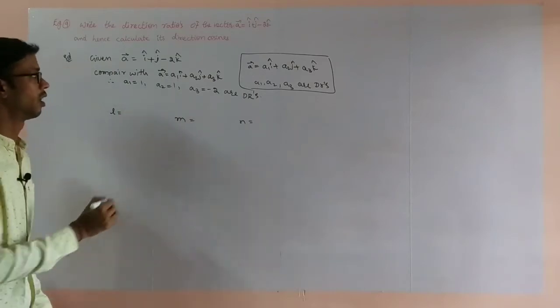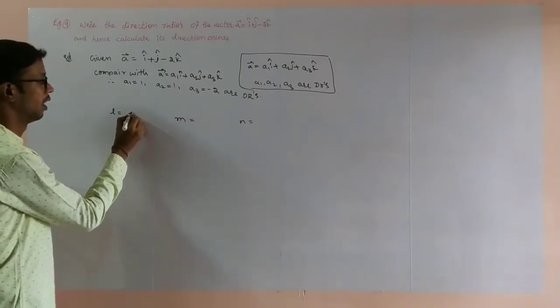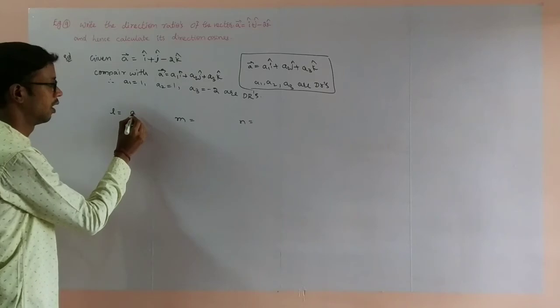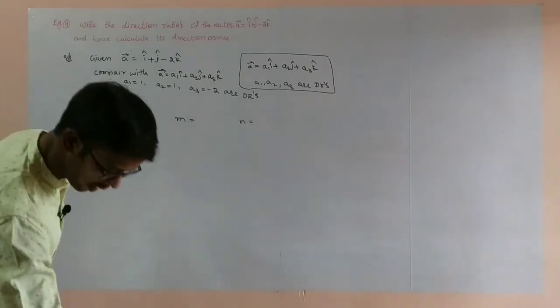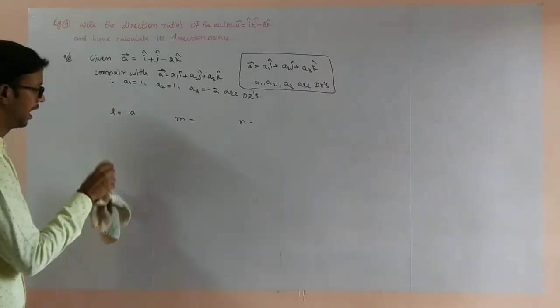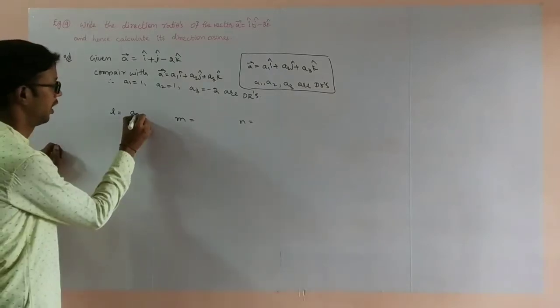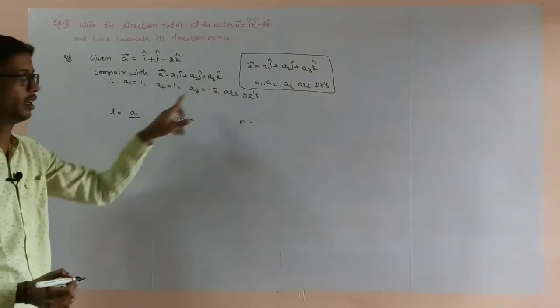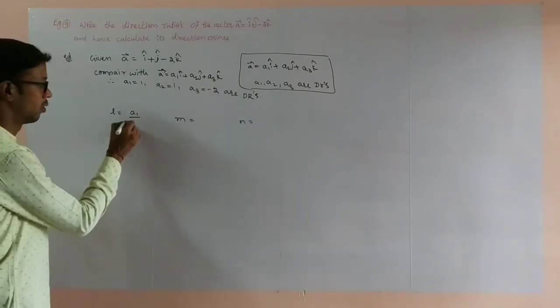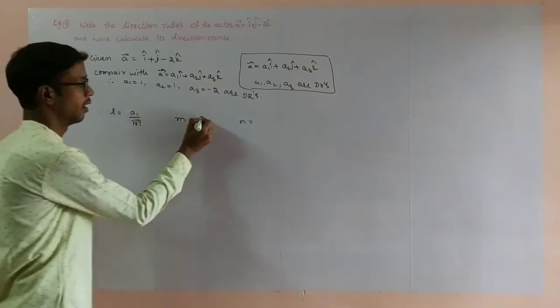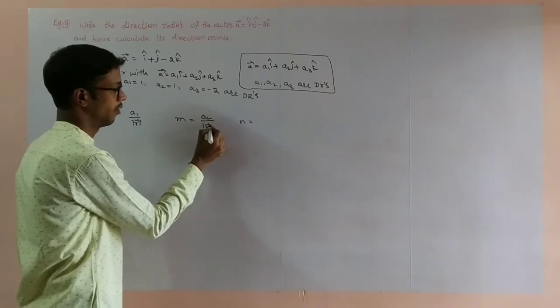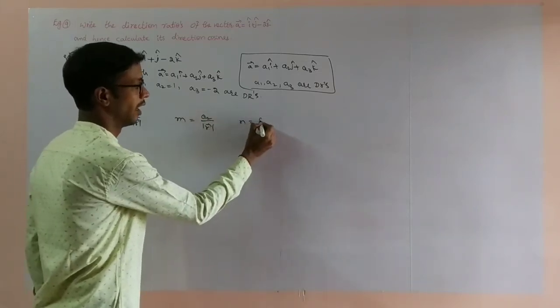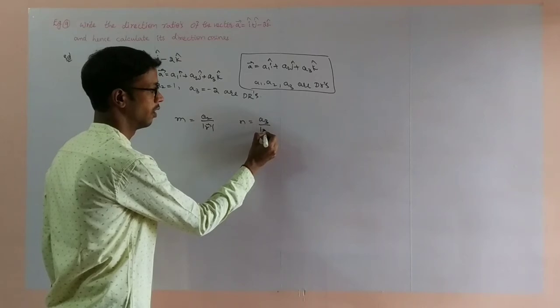L is equal to, here what we wrote there, A1 by magnitude of R bar, A2 by magnitude of R bar, A3 by magnitude of R bar.